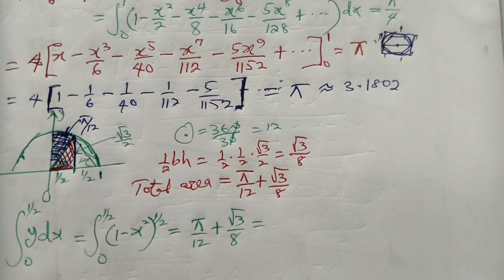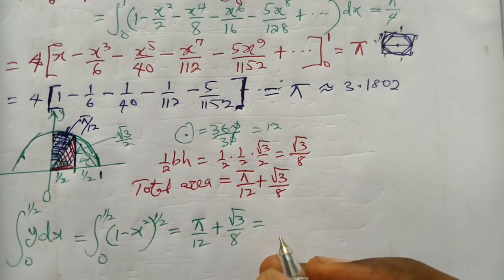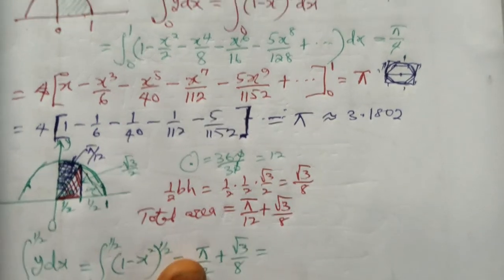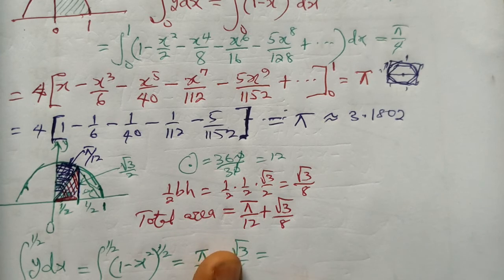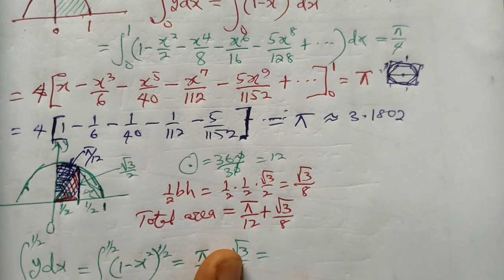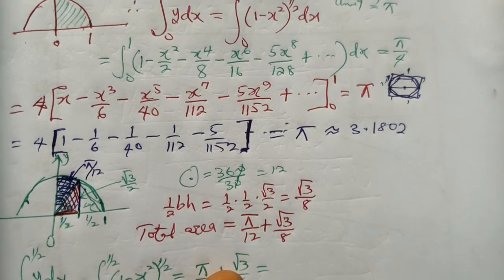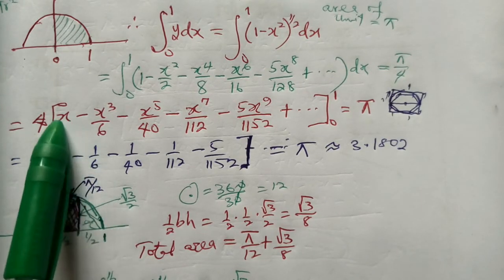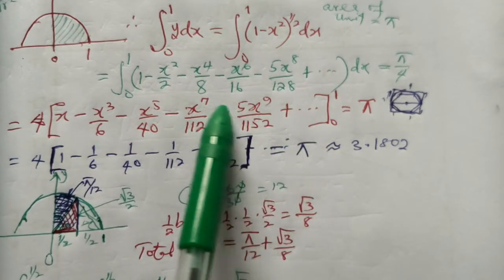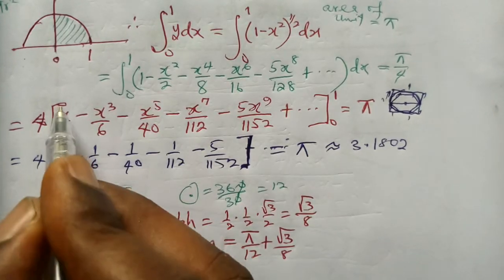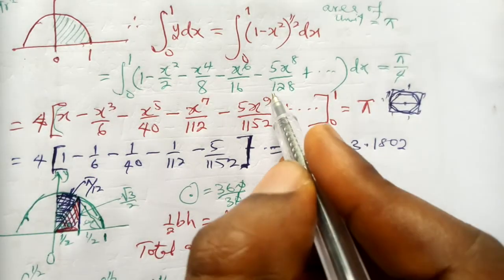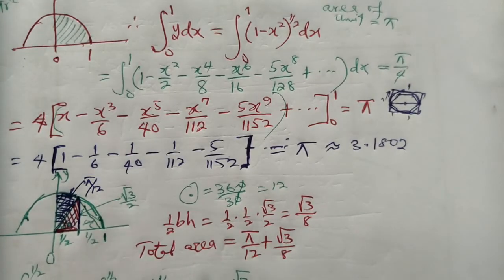So if we put half in this equation that we have integrated before, this thing in this bracket is what we have integrated to obtain this very formula.